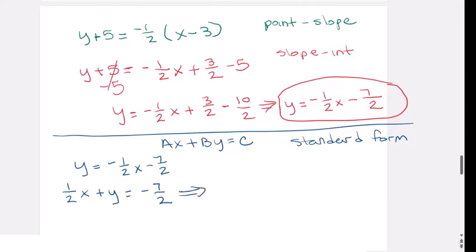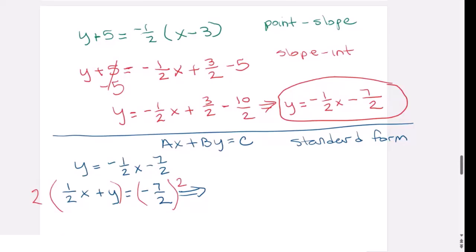I can't have fractions, only integers for a, b, and c. So I'm going to multiply everything by 2. And here it just happens to be that 2 is the common denominator. But if it's not, you want to find your least common denominator and then multiply both sides by that.